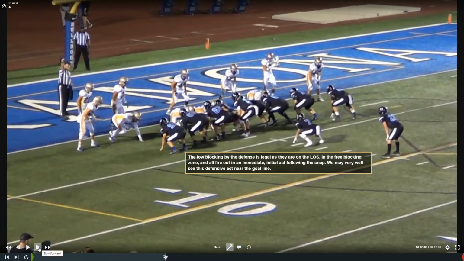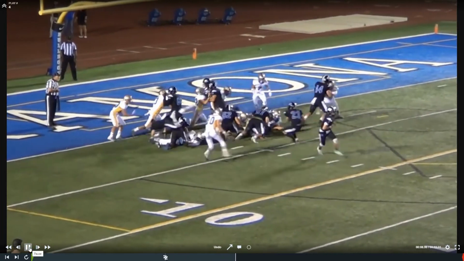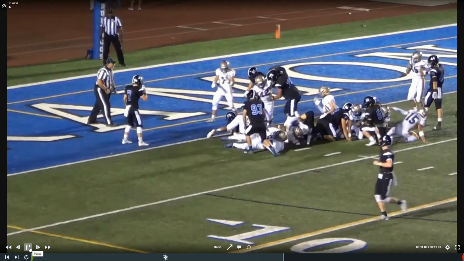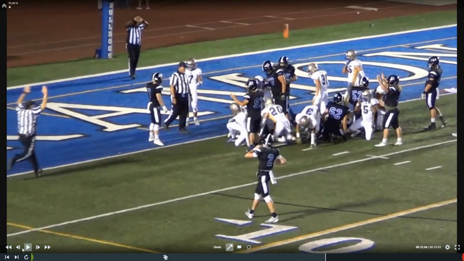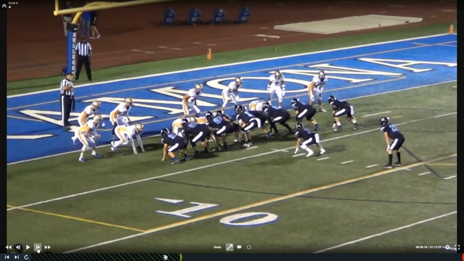So let's take a look at this in real time. See, almost the entire defensive line shoots low. They're trying to create a pile, if you will. And let's watch it in slow motion.